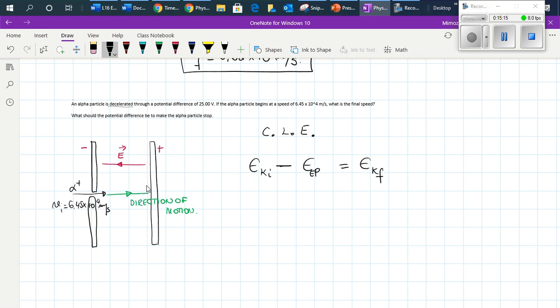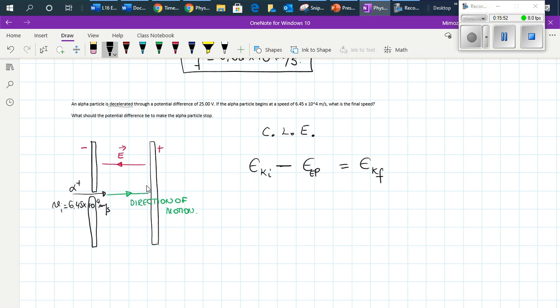In the case when the particle or the ion is not naturally going toward the plate, as in positive toward the negative, or negative charge toward the positive plate, so it's not going naturally, then the electric potential energy is taken away.